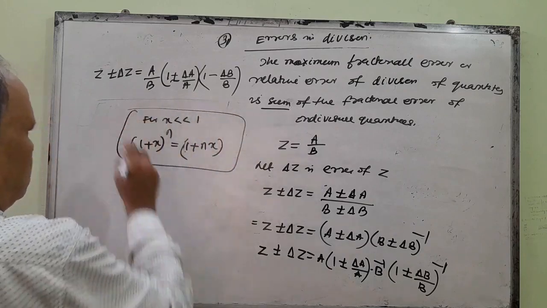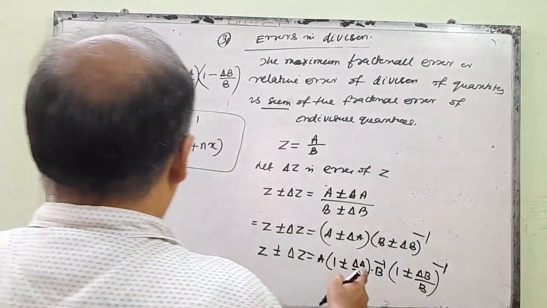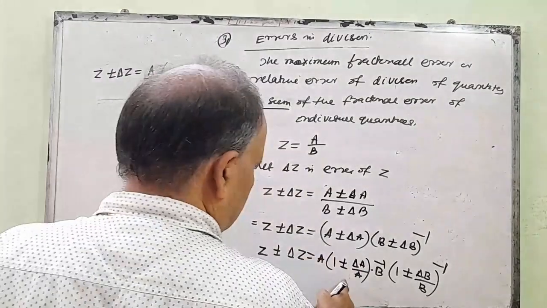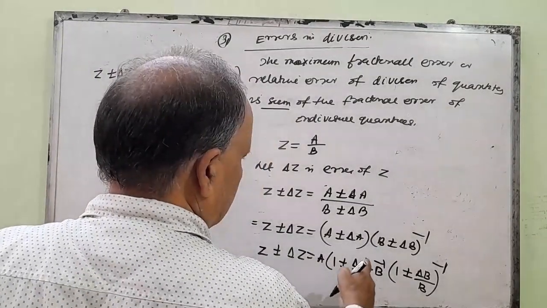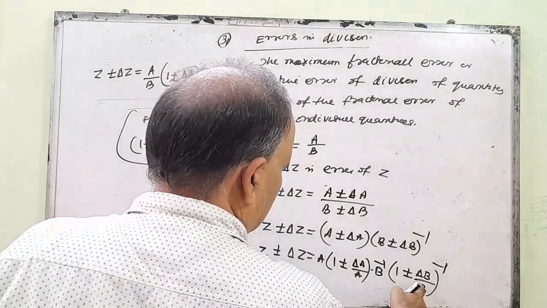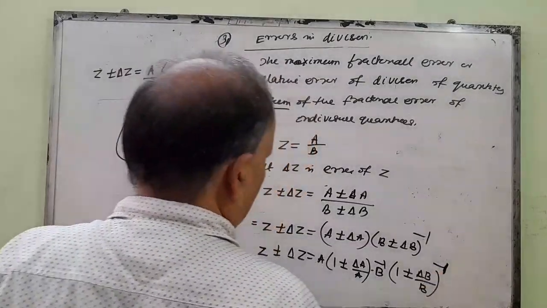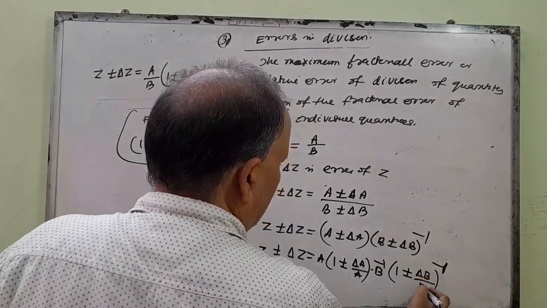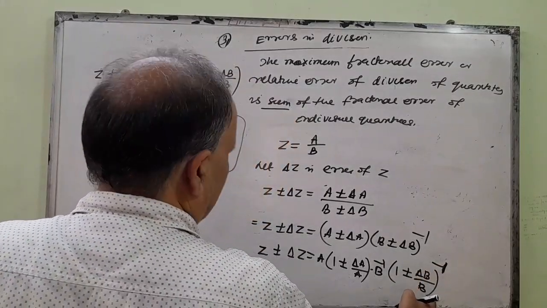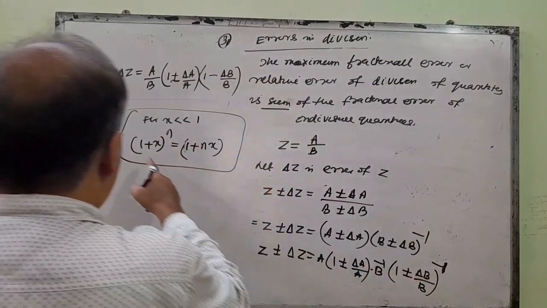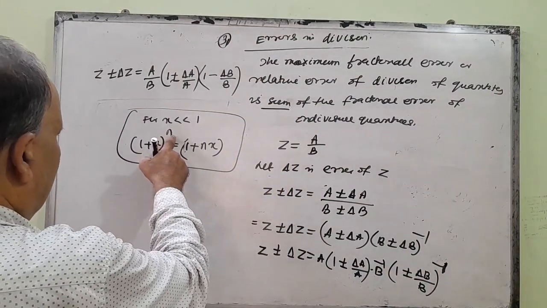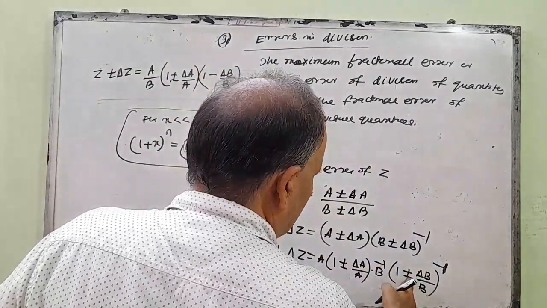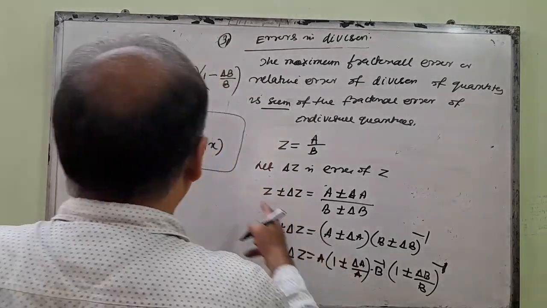Here this is your 1, this is your x, and this is your n. Since delta B by B is a very very small term, very less than 1, 1 plus x to the power n is equal to 1 plus nx, here n is equal to minus 1.